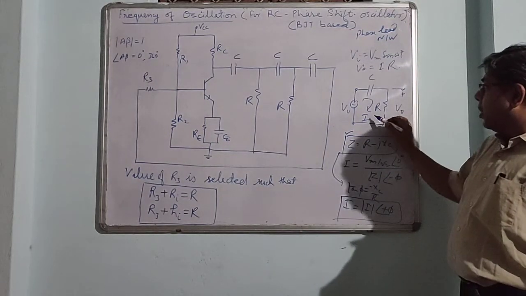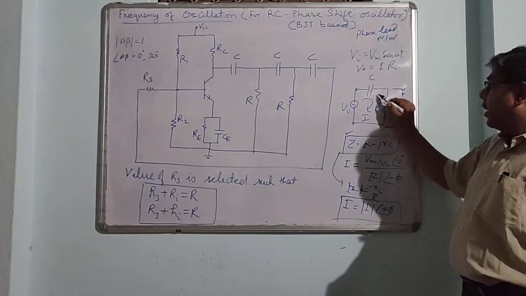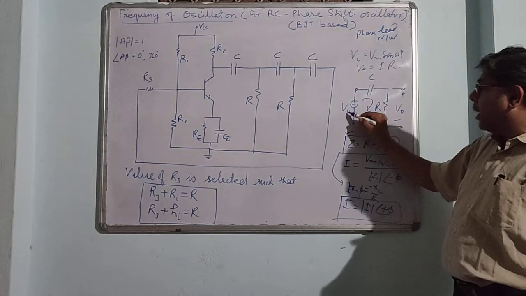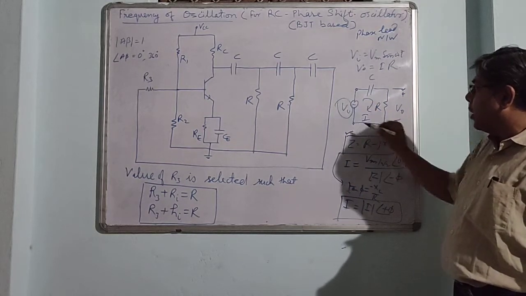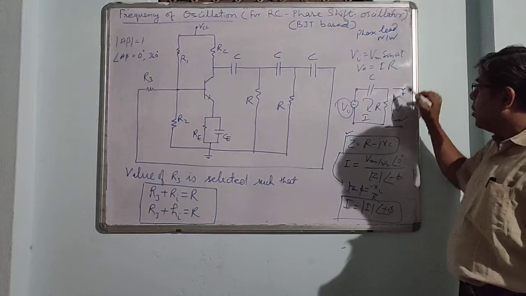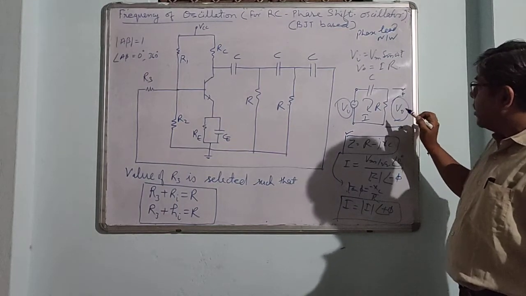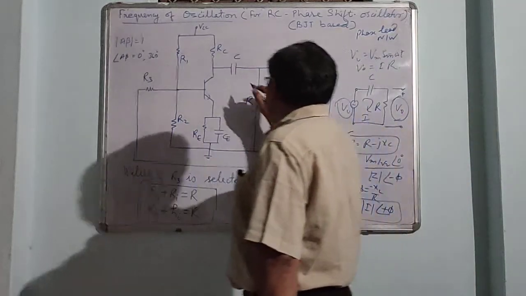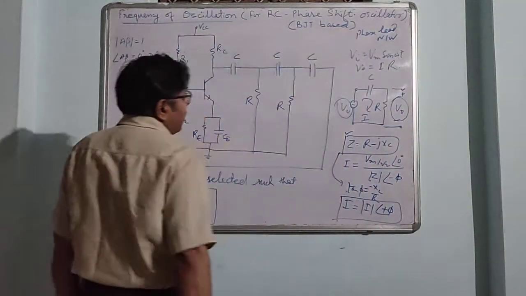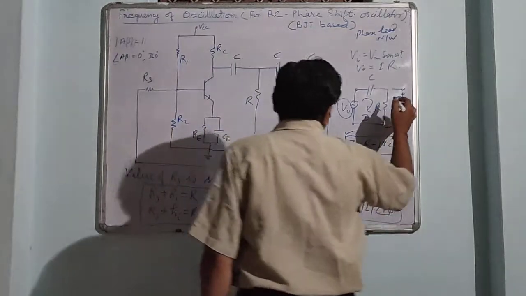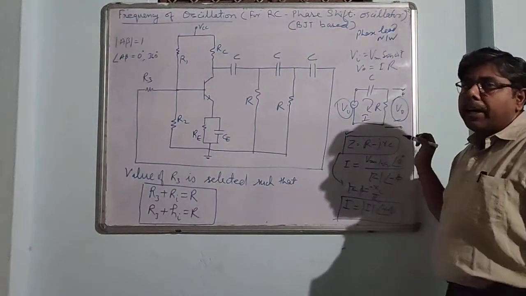Why? Because the current is leading the input voltage in phase, therefore the output voltage is also leading. So if the total phase shift is provided by a combination of three RC networks, we can select the values of R and C.